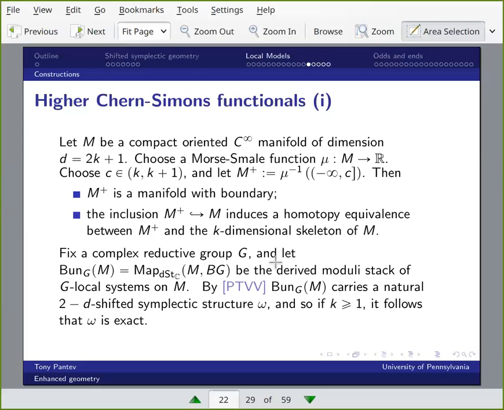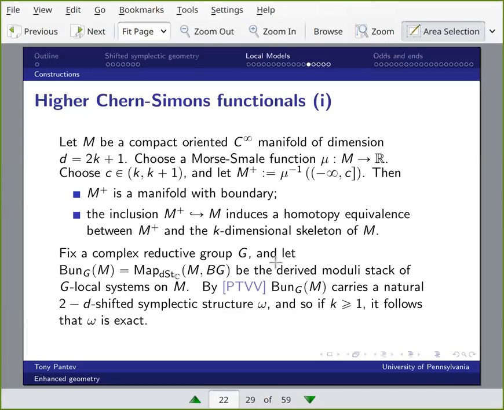And I'm going to choose a regular value there. I'm calling it c. Now take the pre-image of the half ray that goes from negative infinity to that regular value c. That's a submanifold in M with boundary. And I'm calling it M plus. And the inclusion from M plus into M is a homotopy equivalence on the k-dimensional skeleton of M, because mu is a Morse-Smale function.